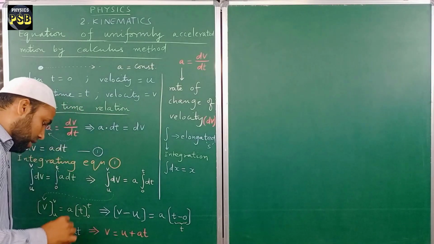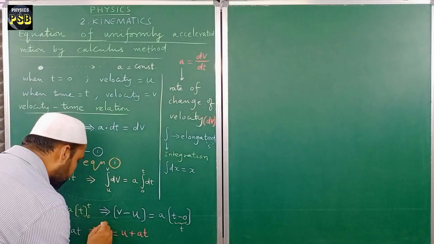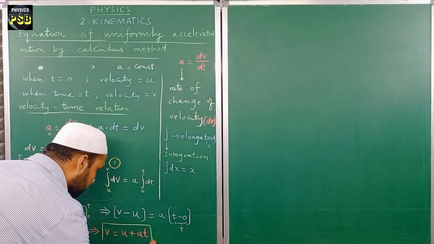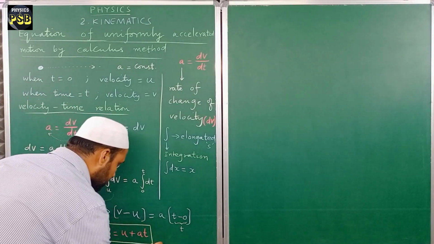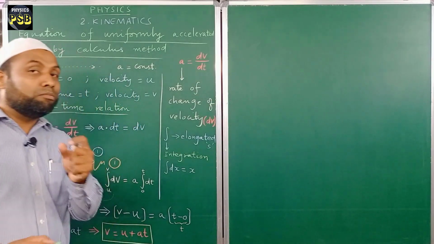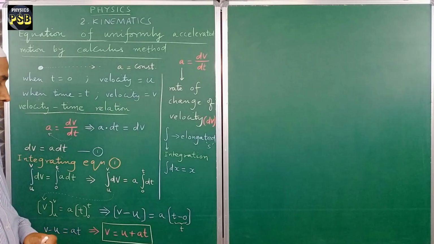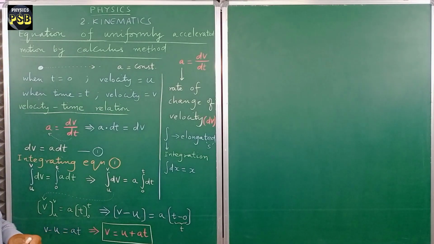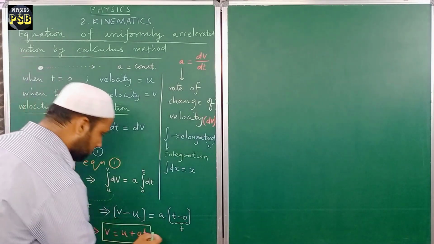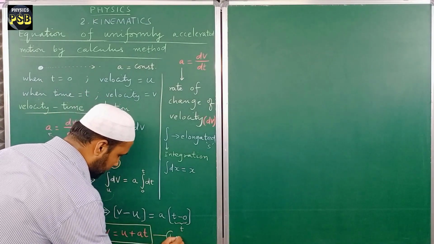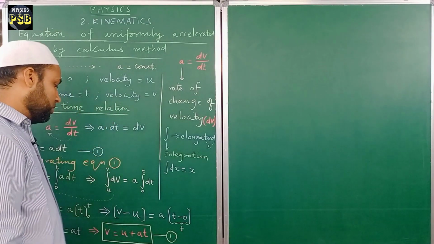Now let me box this. This is the final equation. This is called the first equation of motion, or first kinematic equation of motion. Take it as equation number 1. We got the first equation of motion.